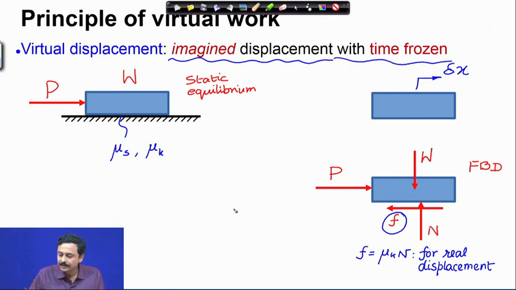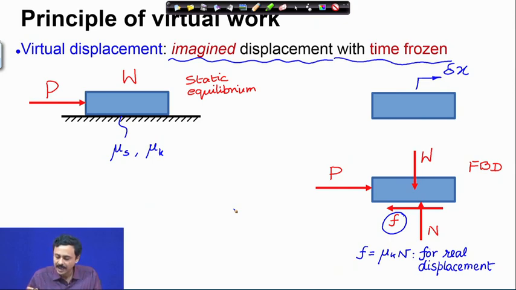If there are time varying forces, then the force values will be frozen at the instant of time we are trying to find out the equilibrating force relation. That is the significance of time being frozen.